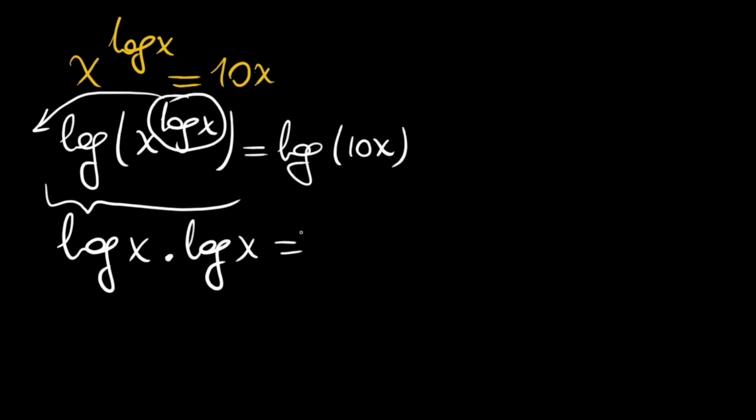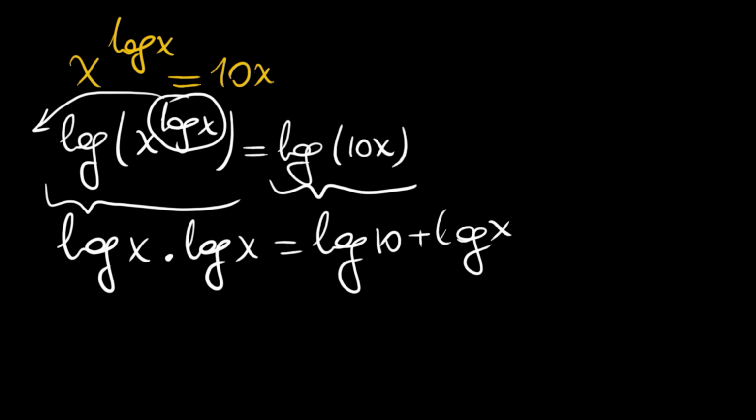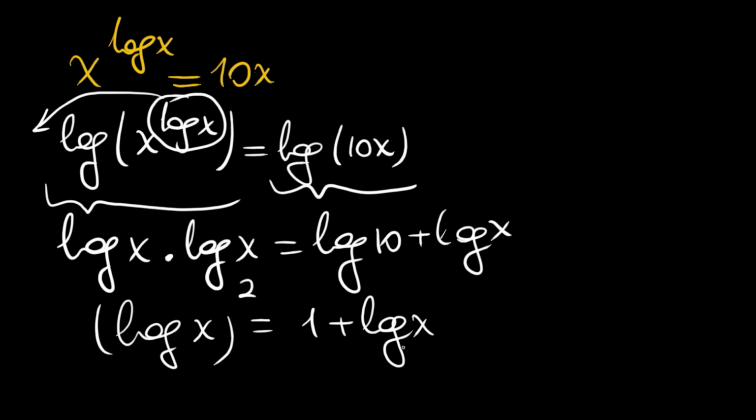The right-hand side is a multiplication, so we write log 10 plus log x. So this is (log x) squared, and this is 1, this is log x.